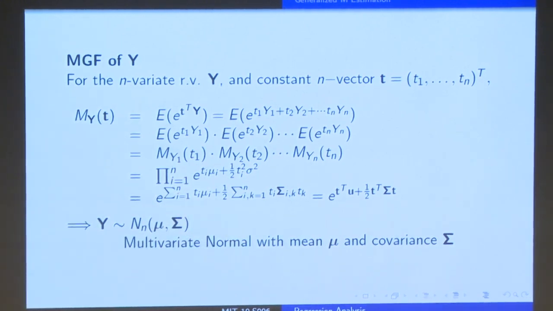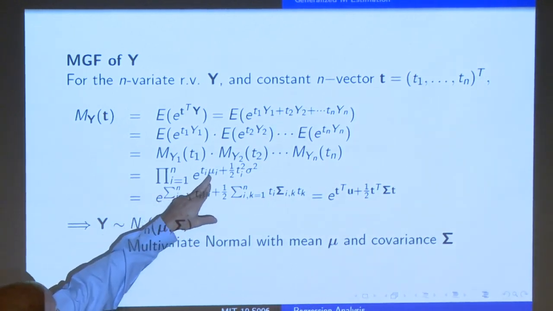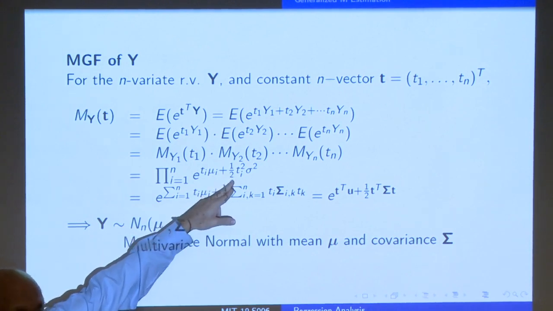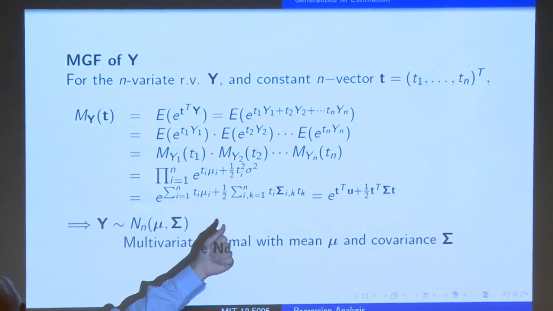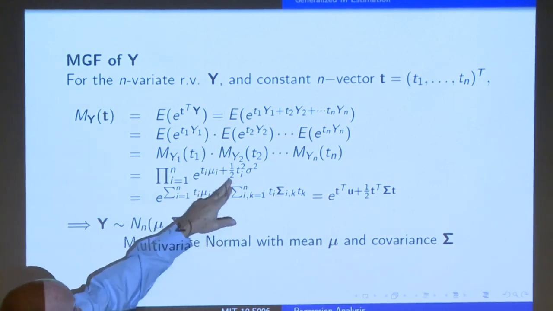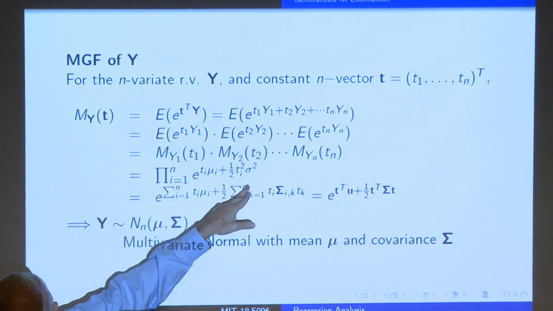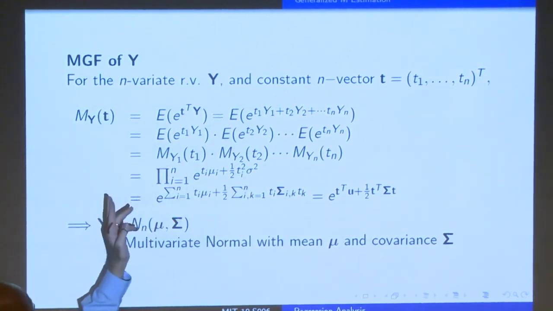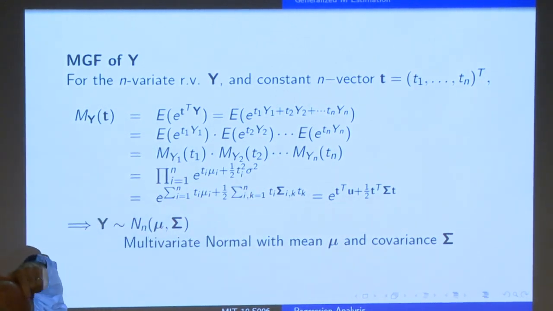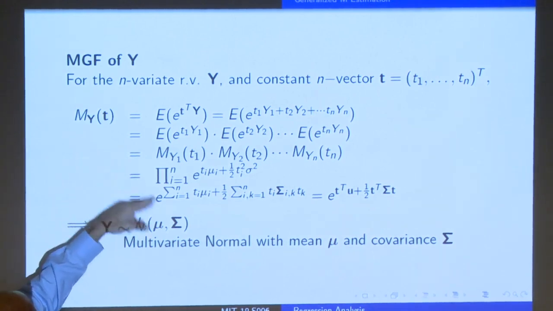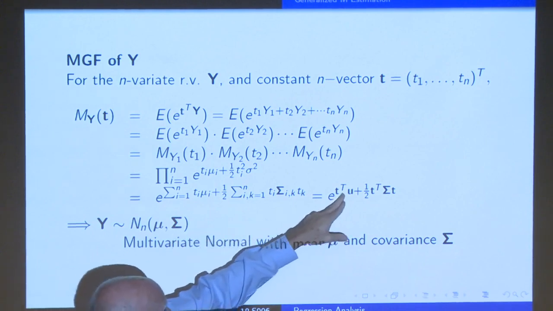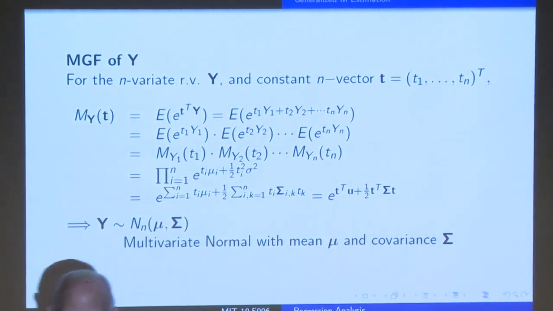And I don't know if it was in the first problem set or in the first lecture, but e to the ti mu i plus a half ti squared sigma squared was the moment generating function for a single univariate normal random variable with mean mu i and variance sigma squared. And so if we have n of these, we take their product, and the moment generating function for y is simply e to the t transpose mu plus a half t transpose sigma t.